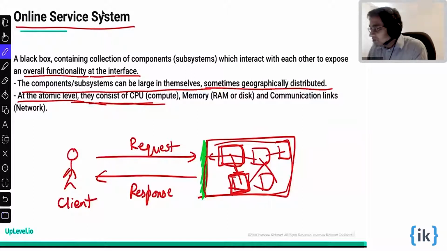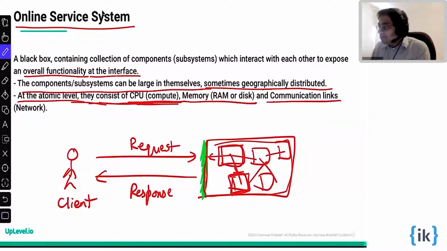So at the smallest level, we don't have to go to the subatomic or even the transistor level. We stop at the point where we reach atomic units, which could be processors, CPUs, they could be memory units like RAM or disk, and they could be communication links.